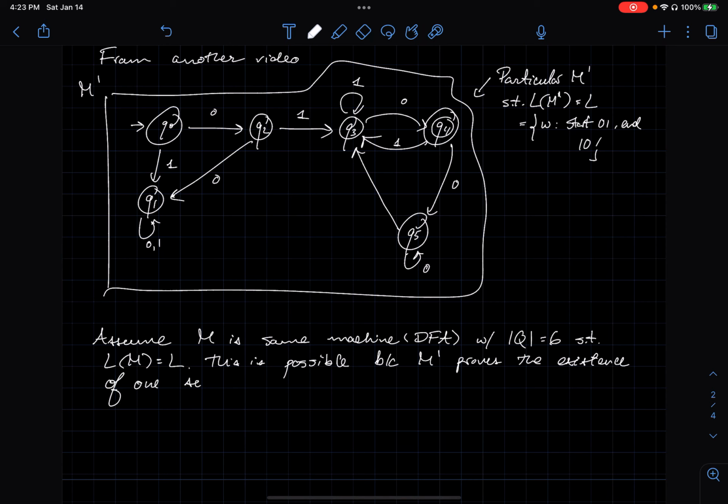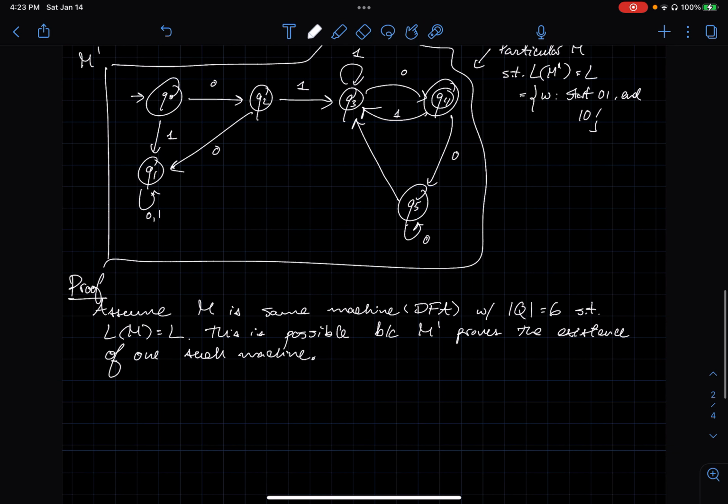Okay, so I guess here I can say that I'm actually starting the proof to the question. M is some machine with 6 states. I label these 6 states S1, S2, S3, S4, S5, S6.